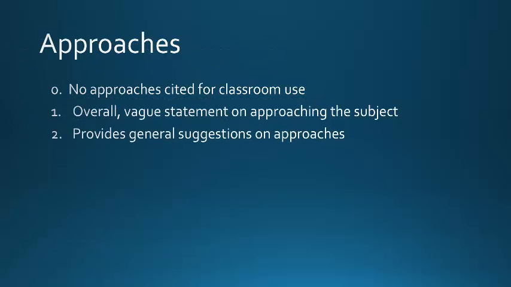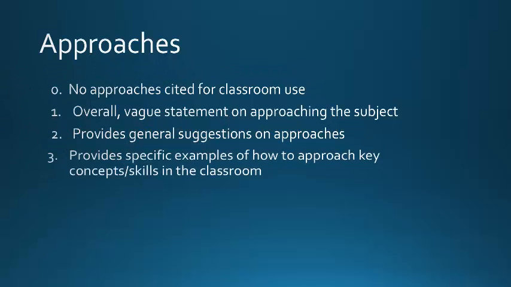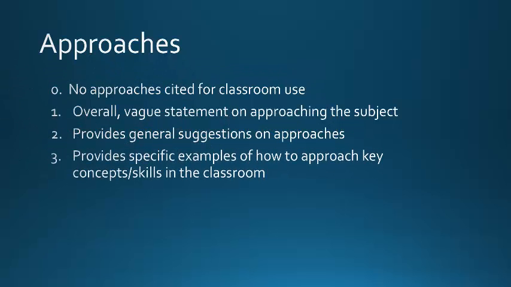But to raise it up to a 2, it's not this overall vague statement. You're going to provide general suggestions on approaches. Okay, and notice we have multiple approaches here. And to get a 1, you probably have 1. To get a 2, you have multiple approaches. And then finally, a 3 provides specific examples of how to approach key concept skills in the classroom.